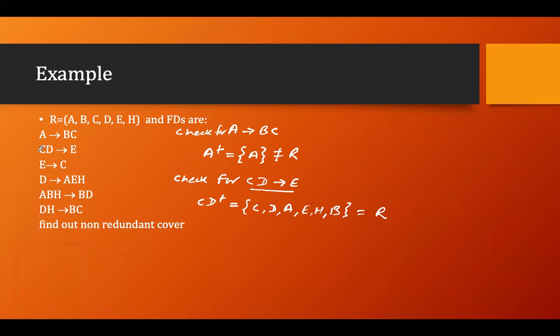So this particular functional dependency doesn't exist for us and we are removing it. So this has been removed. Now, what are the functional dependencies right now? We have this one, this one, this one, this one. These are the functional dependencies which we right now have as a non-redundant cover. Now we have checked this one, this one. Now we have to check the third one also, right? So we'll go for the third one.